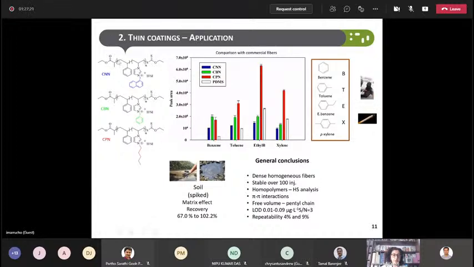Nevertheless, when you look at the results, we did this here with an ethyl group, here with a benzyl, and here with a chain. The one that absorbs the most is the chain, and we think that it's due to free volume effects.